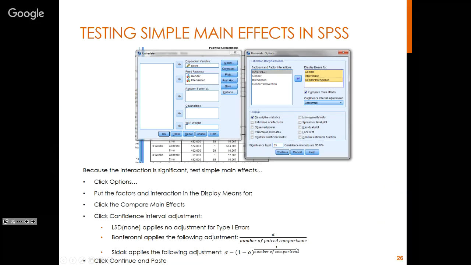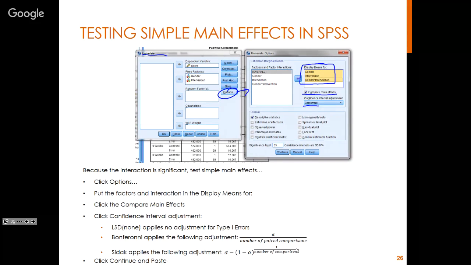So we have to go back into your SPSS, pull up your univariate, and then click on the options. Options brings up that additional window, and we put all of the components in this display means for box. We want to compare main effects, and then the Bonferroni.